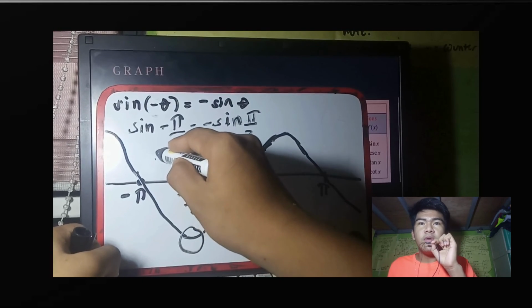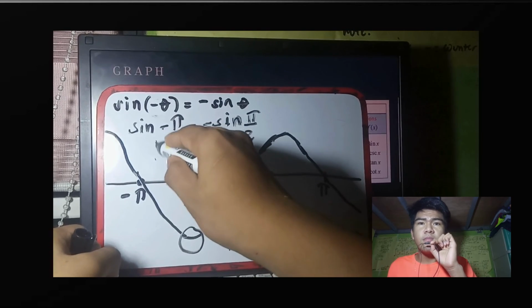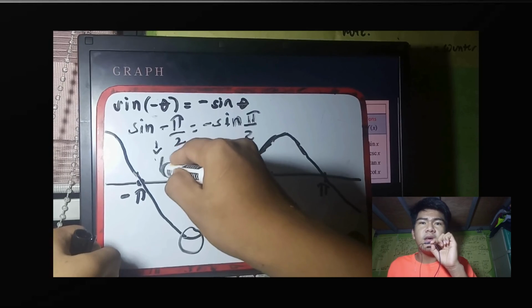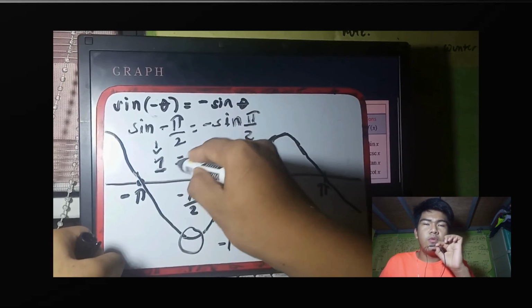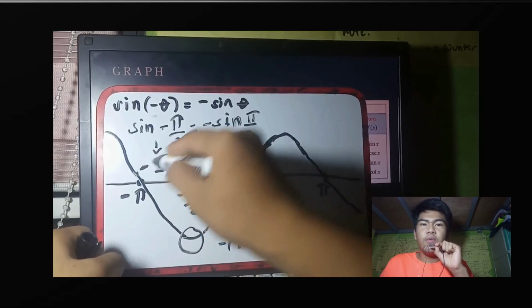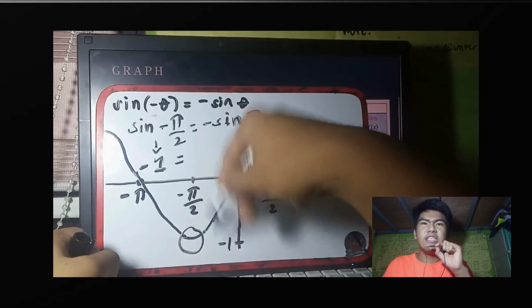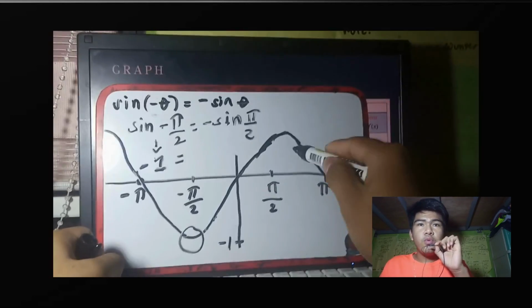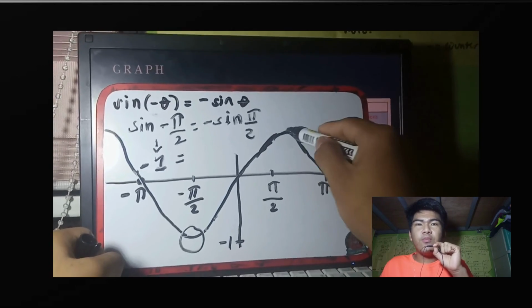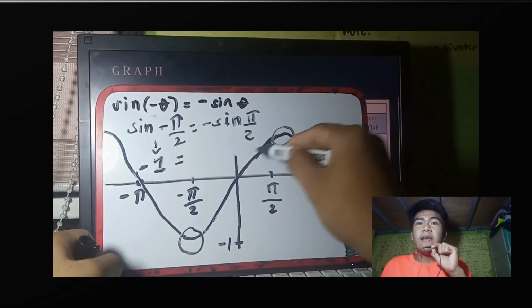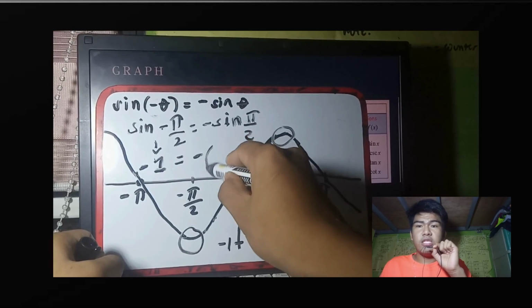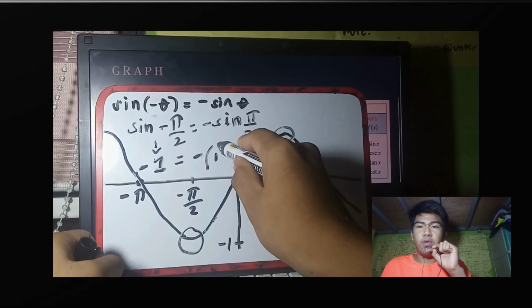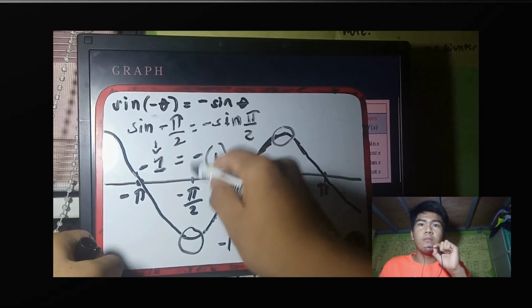So we can see here that we encircle the sine of negative pi over 2 in the graph. In the graph, like I said earlier, we can see how these identities work. So the sine of negative pi over 2 is also equal to sine of 3 pi over 2. So that will be negative 1, because the point of 3 pi over 2 is 0, negative 1.